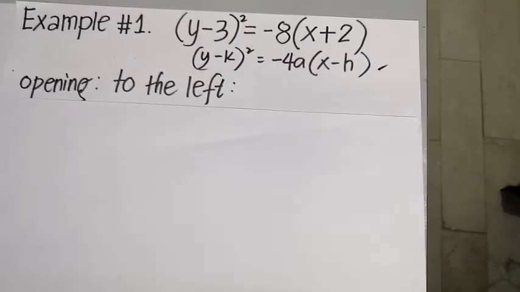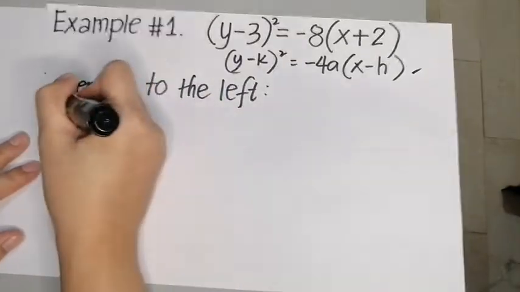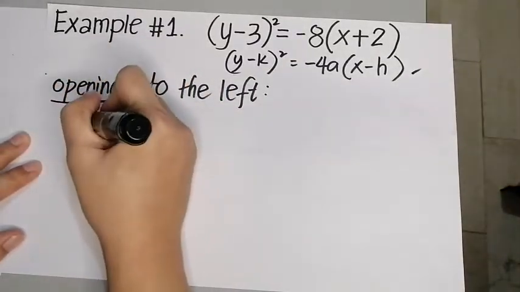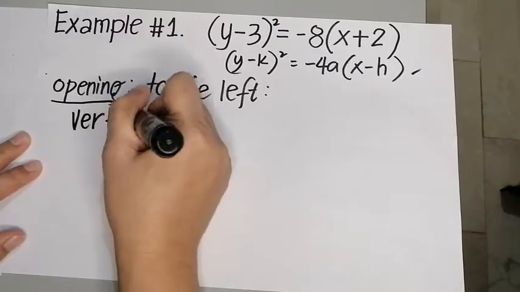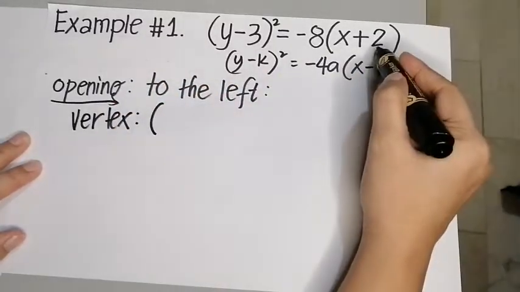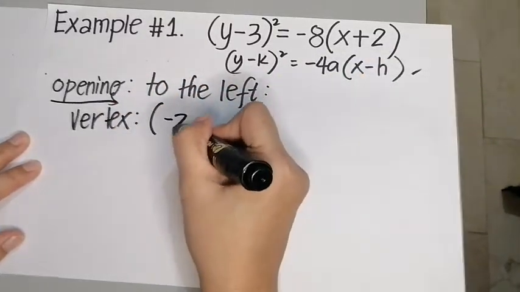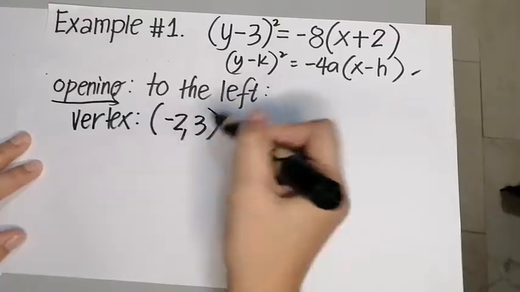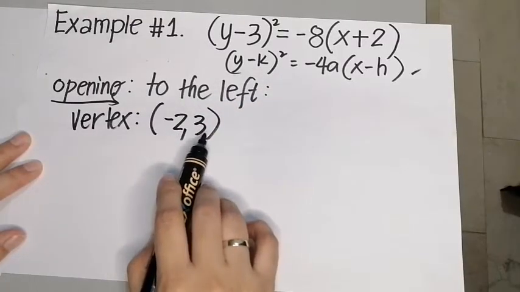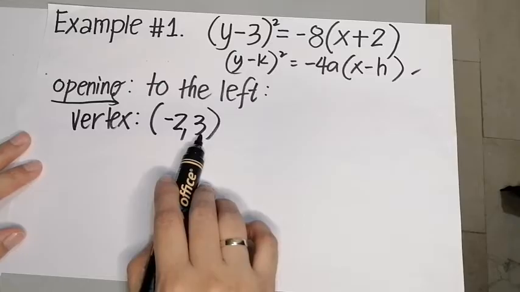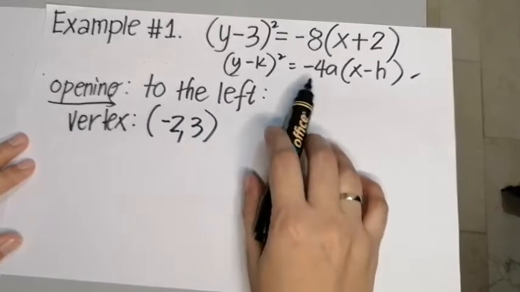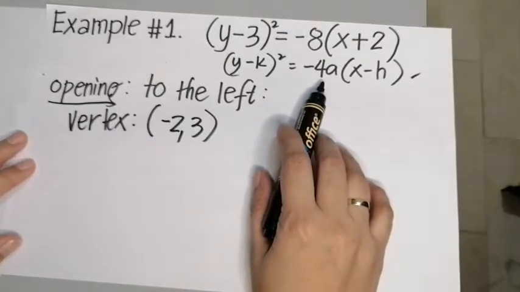So now we can determine the vertex and the focal distance, or the value of a. What is the vertex? We have (negative 2, 3). So this is our h and this is our k. Then, what about the value of a?